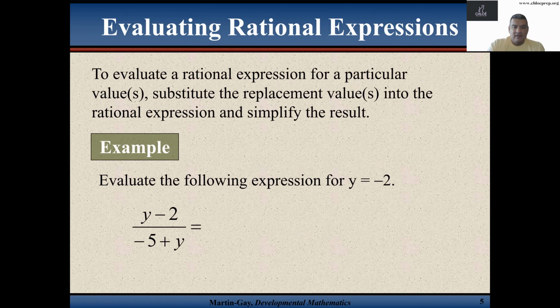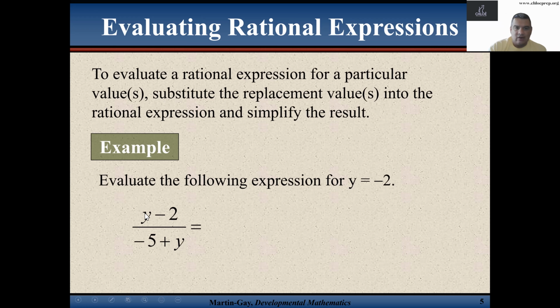And so I have this y minus 2 over -5 plus y. So I have a rational expression. But just like when we had a regular equation, or what we refer to as a linear equation, we do the same thing. There's nothing different here. Wherever I see a y, I replace it with -2.